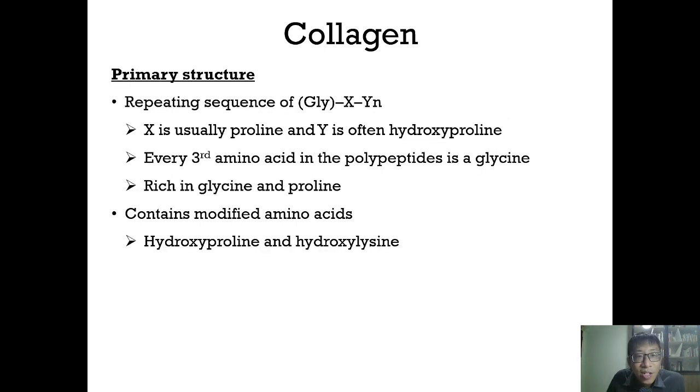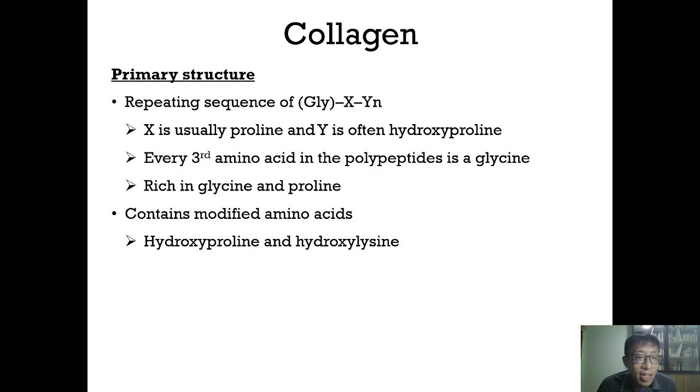Okay, so let's look at the primary structure first for each polypeptide involved in the formation of collagen. The amino acid sequence of the collagen polypeptide shows a particular pattern of repeating sequence.